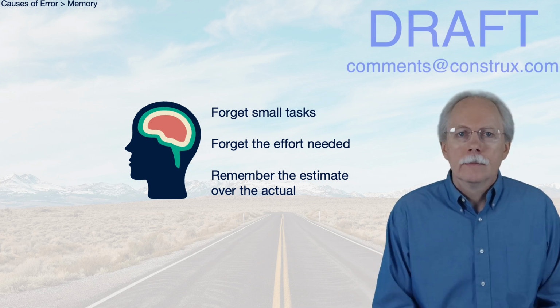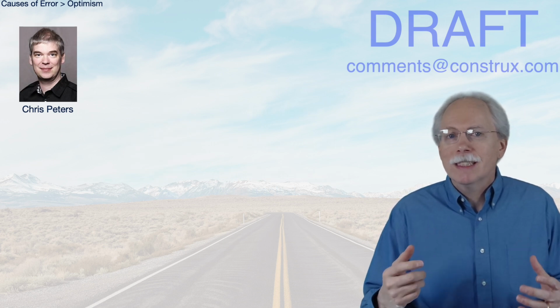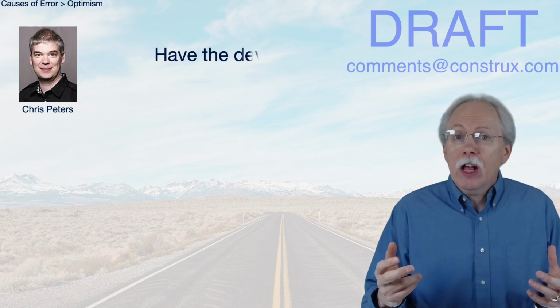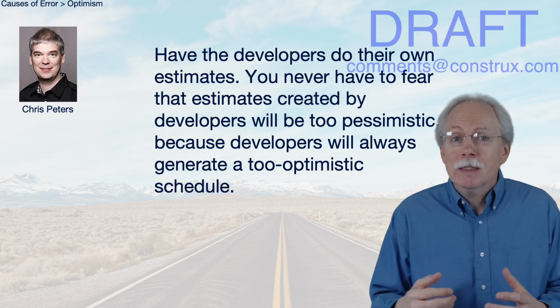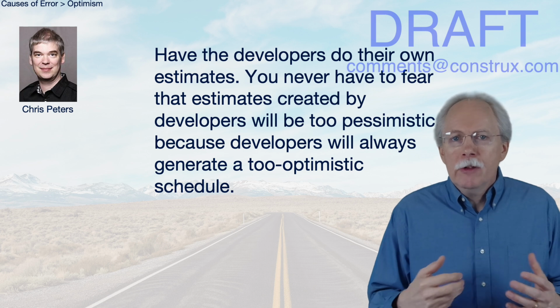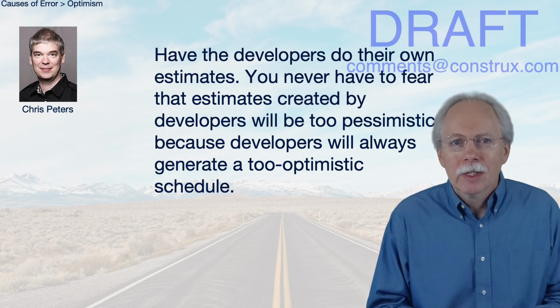A guy named Chris Peters at Microsoft years ago took advantage of this estimation error. One of the things he's quoted as saying is, have the developers do their own estimates. You never have to fear their estimates are too pessimistic because they'll always deliver a too optimistic estimate. He would then hold them to their own estimates and work the heck out of them.